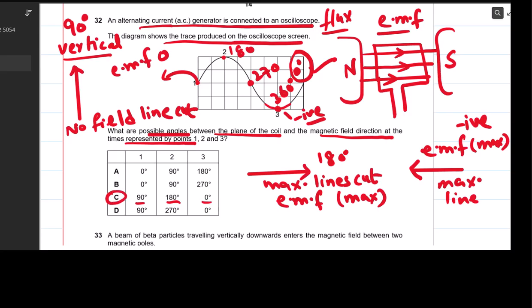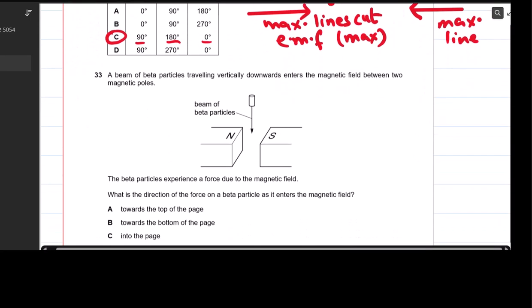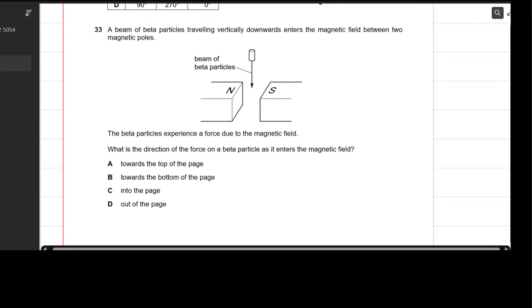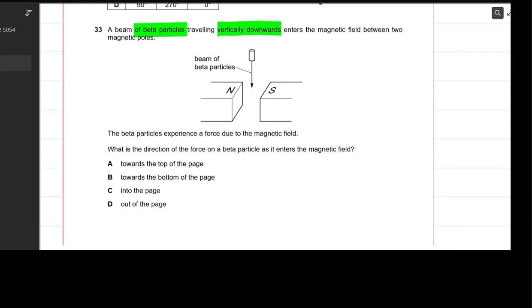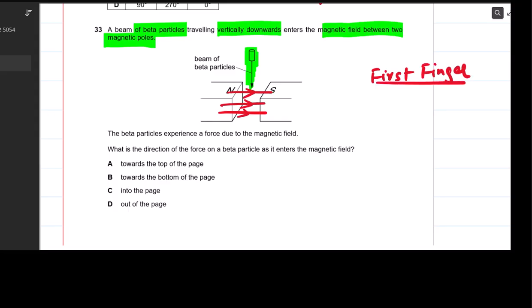Moving to question 33, a beam of beta particles traveling vertically downwards. You can see here, traveling downwards, enters the magnetic field between two magnetic poles. Magnetic field is from north to south, like this, like this, like this. So what you have to do, place your first finger towards this direction.